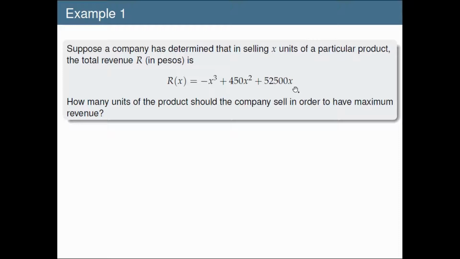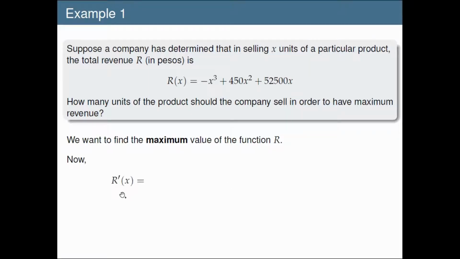How many units of the product should the company sell in order to have maximum revenue? To answer this question, we want to find the maximum value of the function R. So we get the derivative of R.